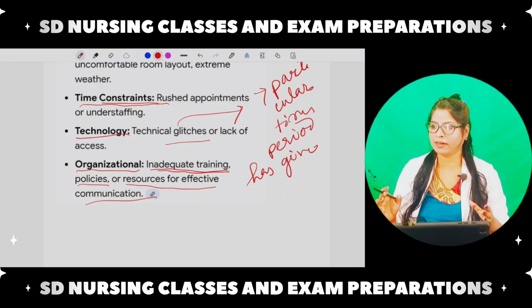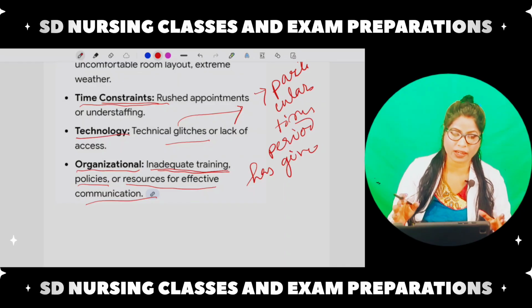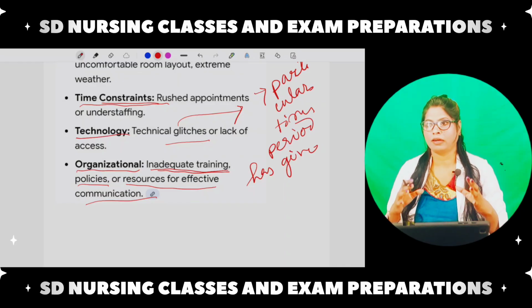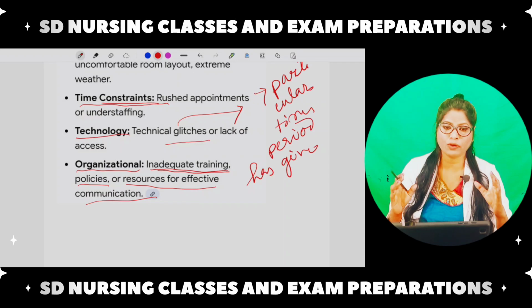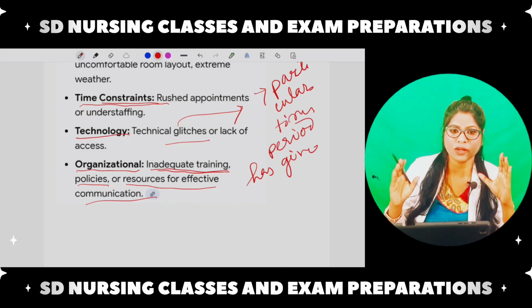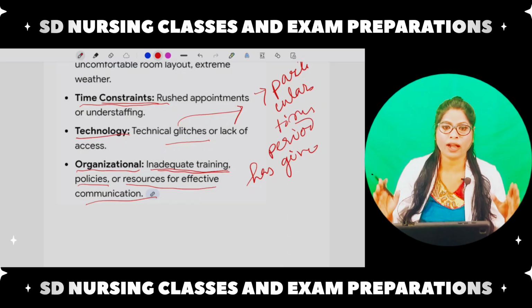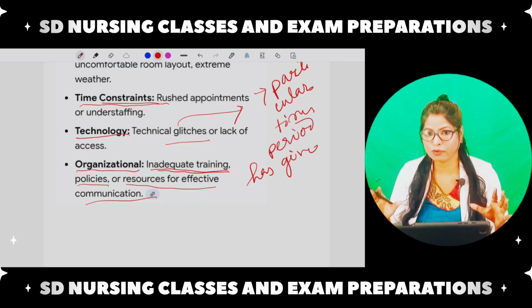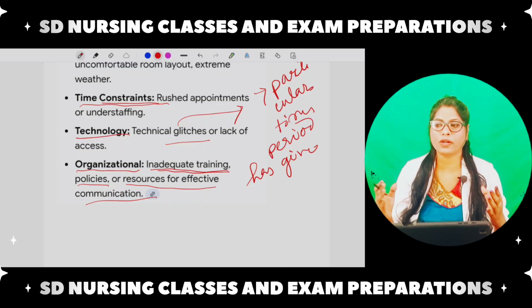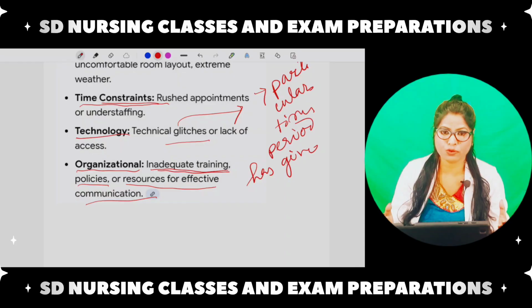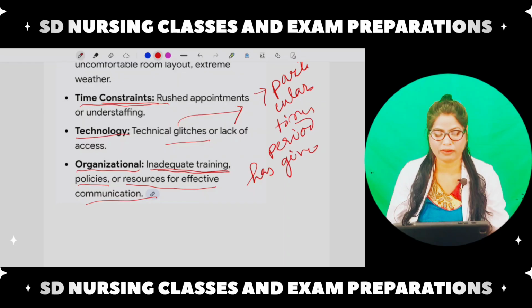Or you are the head of the psychiatric nurses and you are organizing a training for the other nurses, but you don't have the knowledge regarding what you are going to speak to your colleagues. Then the communication will not be effective.